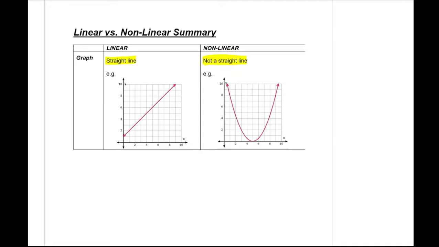So visually in the graph, it should be very easy to tell if it's linear or non-linear. If it's like a scatter plot where we're looking at data, your line may not be a perfect straight line, but it should generally form this kind of trend. It should be kind of obvious that it's a straight or fairly straight line. If it's non-linear, it will be clearly non-linear, something that will show a curve in it for sure.